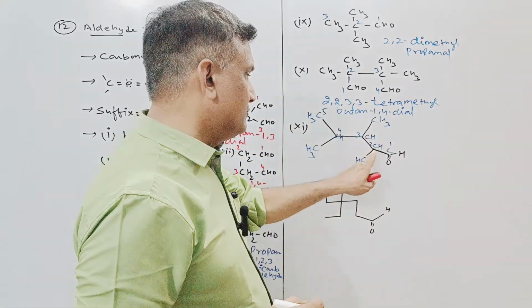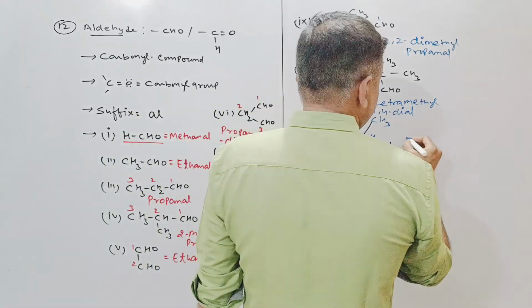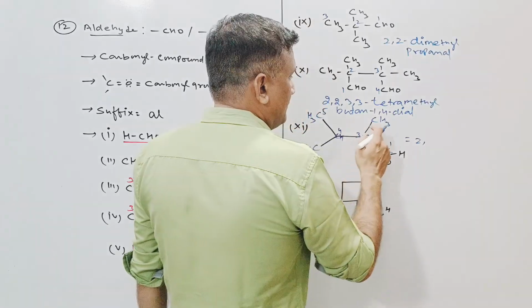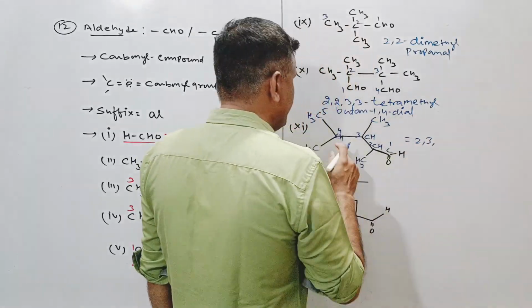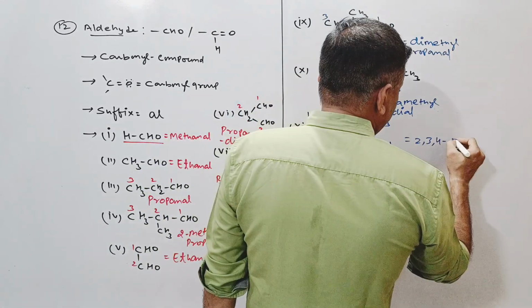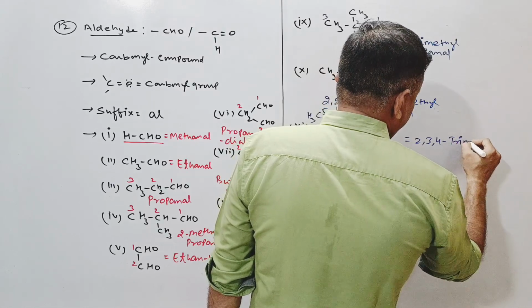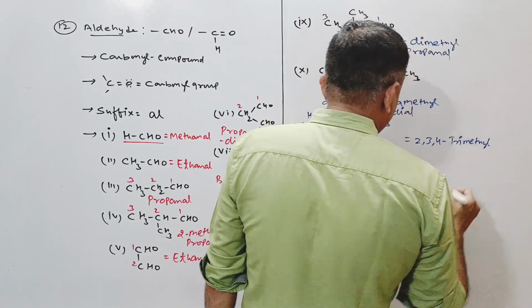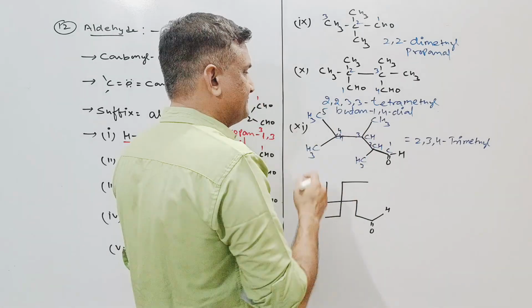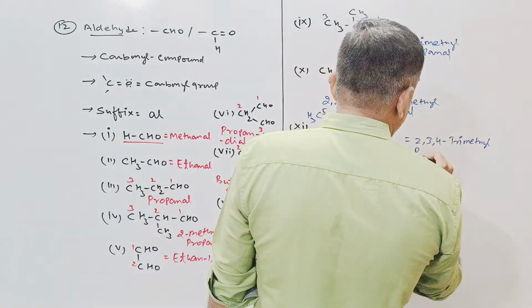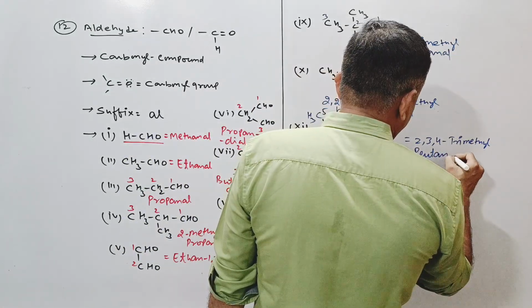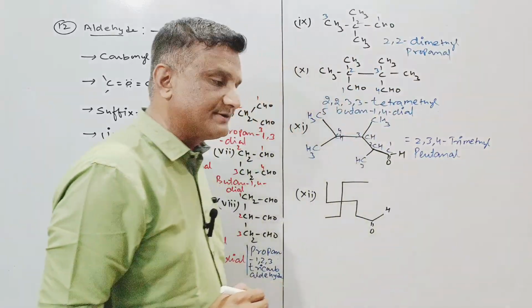On the number 2 carbon atom, there is methyl. So this is the 2, comma, over the 3 again methyl, 3, over the 4 methyl, 2,3,4-trimethyl. There is a 5 carbon chain, so it will be pent, single bond an, and it will be al as a suffix.